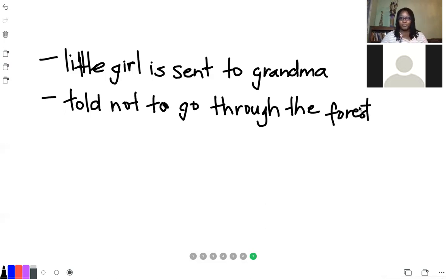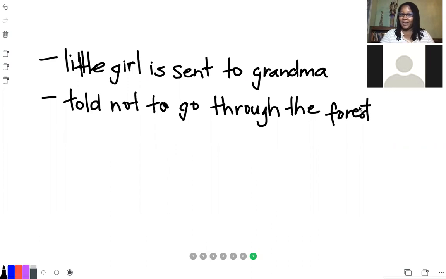Here is where you begin to dissect your story. If the little girl is told, do not go through the forest, and she obeys those instructions, and she takes the long way around on the hot, dusty road, that's pretty much it.